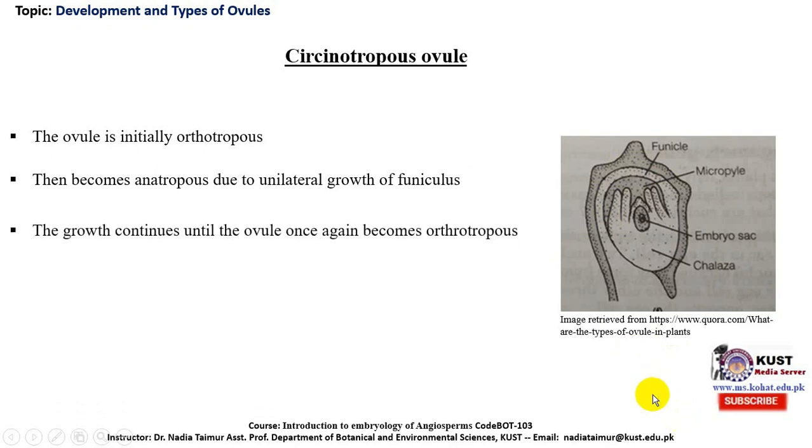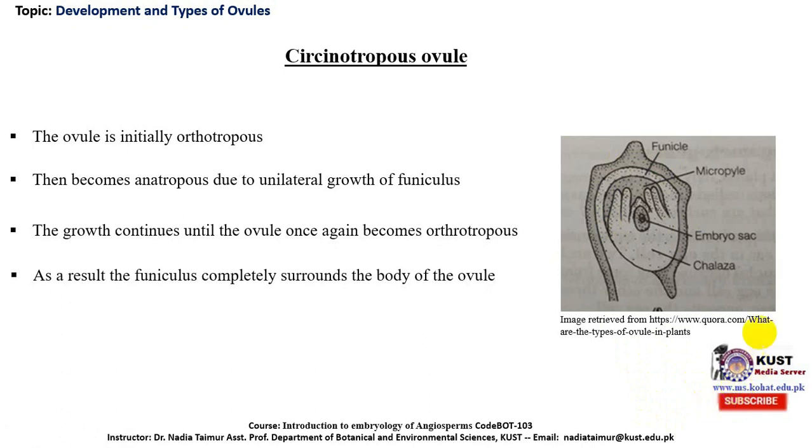This growth continues until the ovule once again becomes straight or orthotropous. As a result, the funiculus completely surrounds the body of the ovule. Due to this coiled structure, the ovule is also known as coiled ovule. So during development, the ovule was initially straight, then became inverted, and then became straight again.